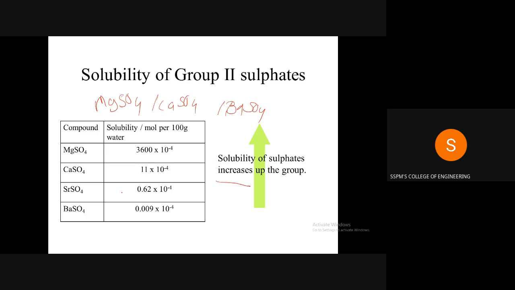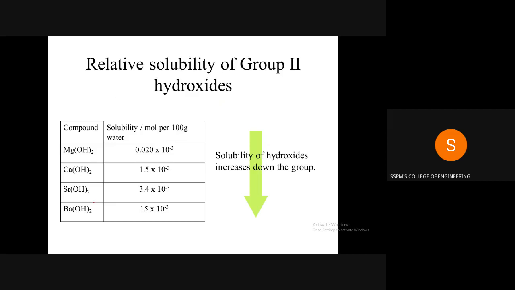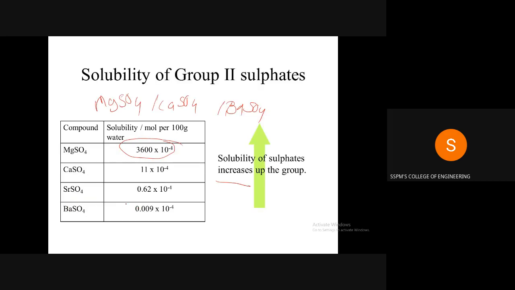Means magnesium sulfate has more solubility than BaSO4. मगाशी बघितलं तर बेरिलियम हायड्रॉक्साइडची more solubility होती. आता magnesium sulfate has more solubility than barium sulfate, because when you go up the group, solubility of sulfates increases.